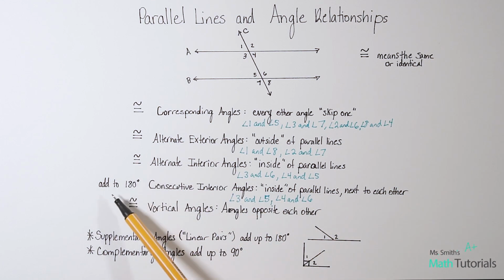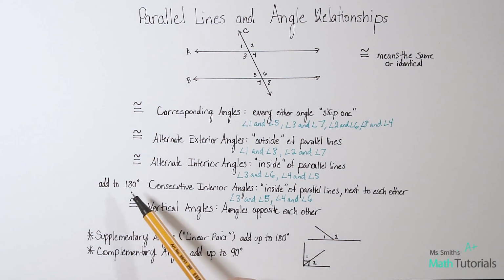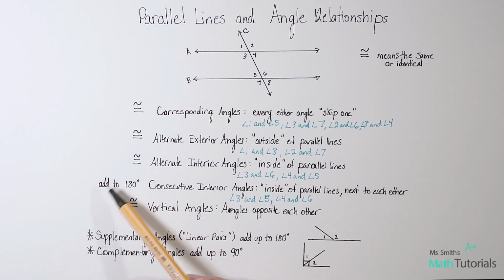But what do I know about them? They add to 180 degrees. 180 degrees is going to be a big number that we work with a lot as we go through our angles and triangle units, so you want to get used to that number. Consecutive interior angles add to 180 degrees.